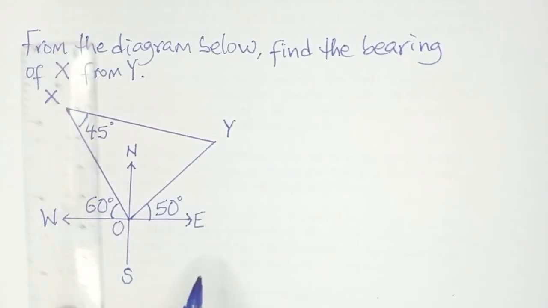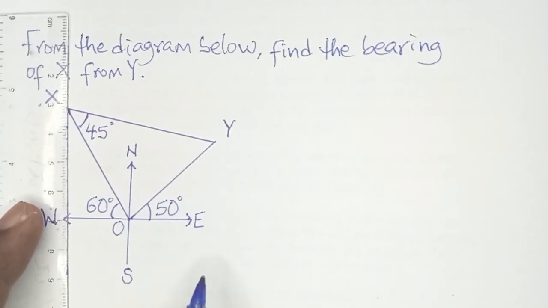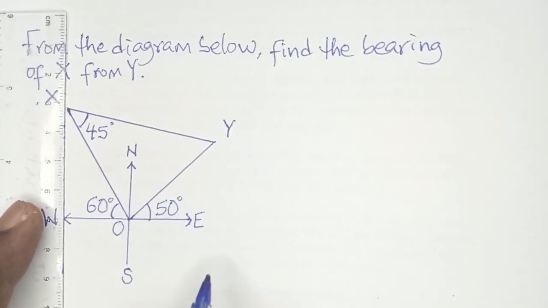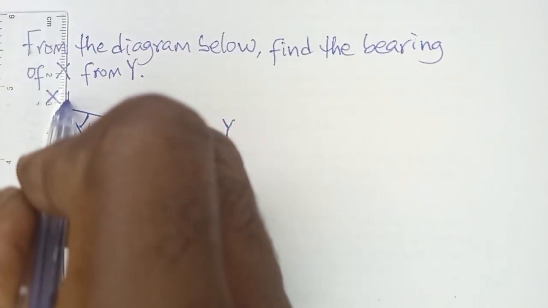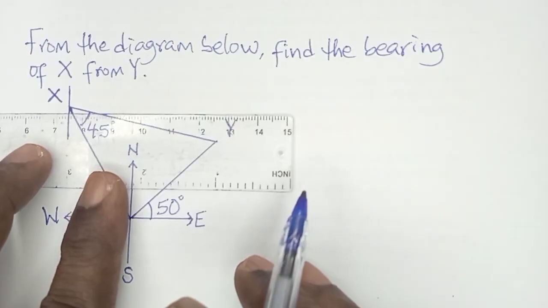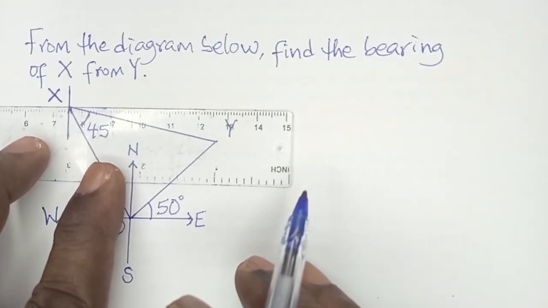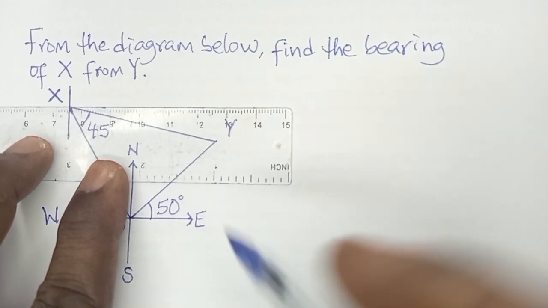So let me draw a cardinal point here so that it will make it easy for us to understand. That is the north-south line, and then another one here to give us the east-west line.